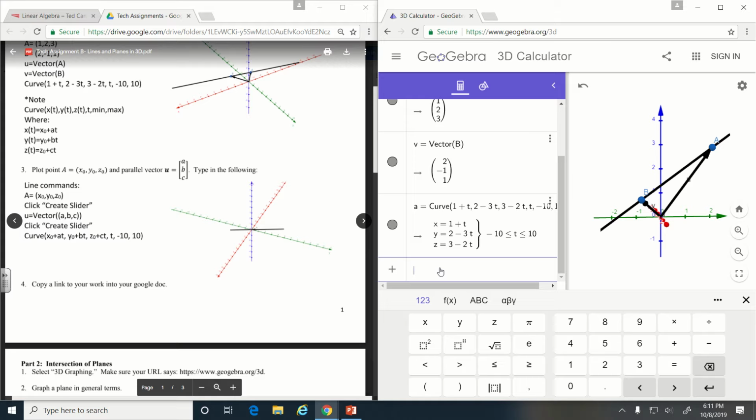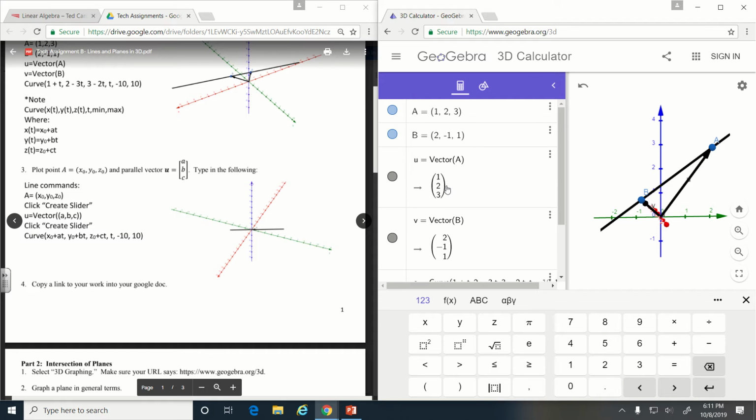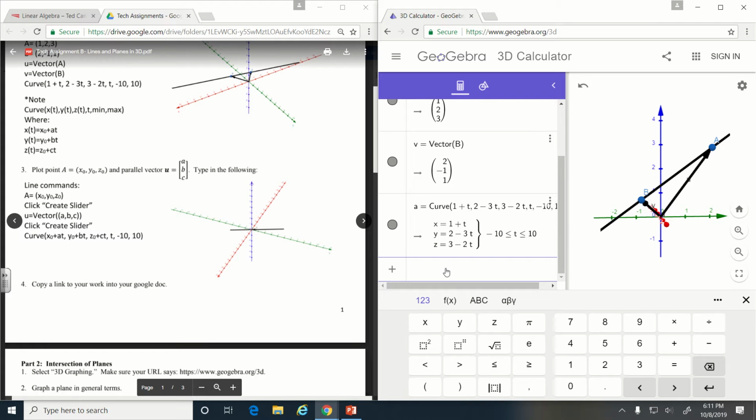So my line command, I really feel like this is probably a typo because I've used A for something else. Well, we're going to find out, because it's going to either let me call it A or not let me call it A. All right, so x sub 0.